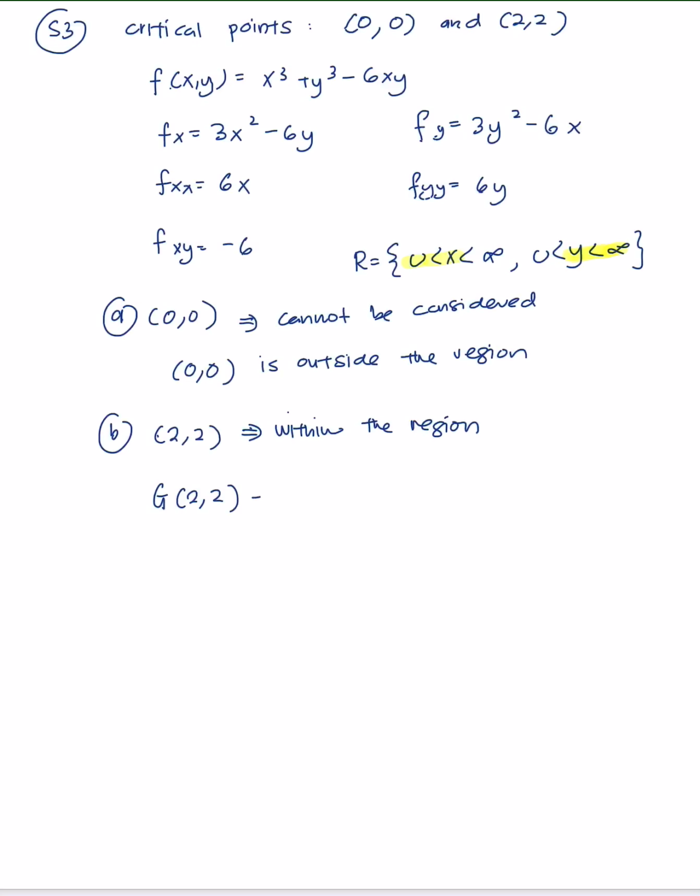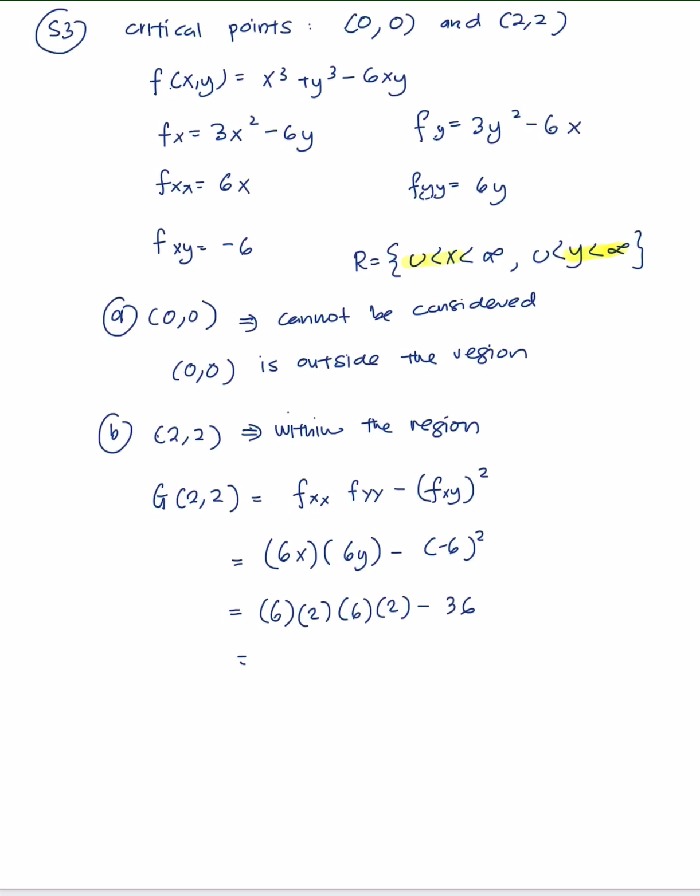So g(2, 2) is equal to fxx multiplied with fyy minus fxy squared. We already have fxx equal to 6x, fyy equal to 6y, and fxy equal to minus 6, squared. So we have 6 times 2, multiplied with 6 times 2, minus 36.